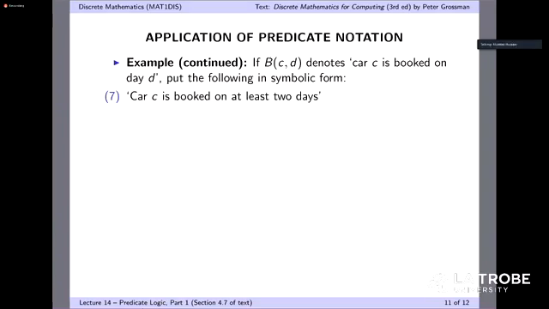Car C is booked on at least 2 days. What do you think of that? At least 2 days. So what that means? That means there are 2 different days. We have to be sure that the days we are quantifying are different.